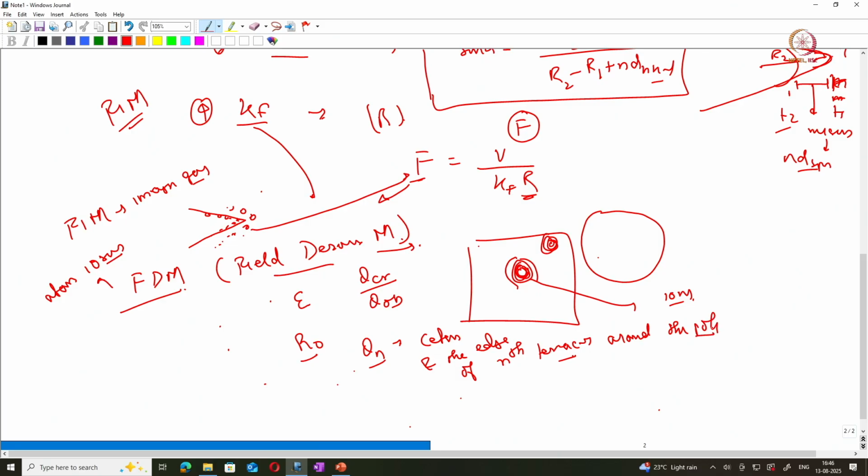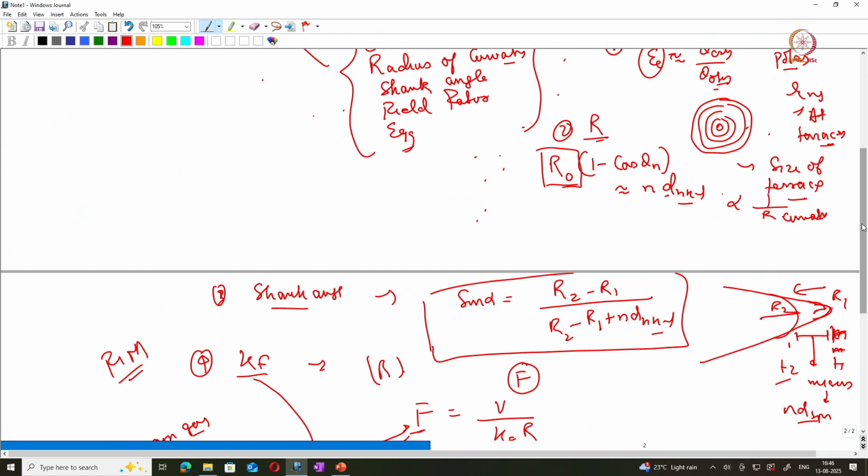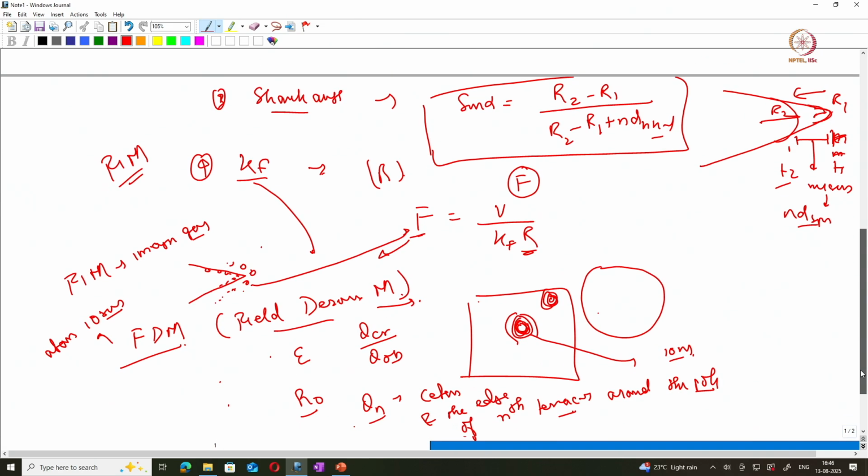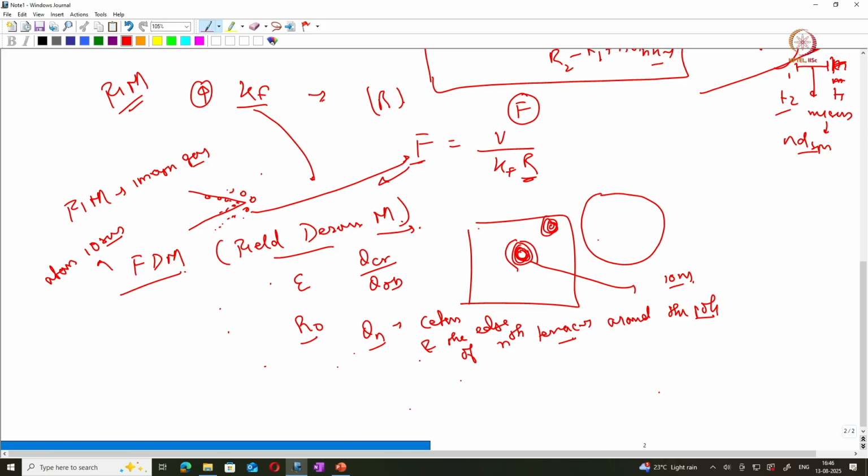So remember the previous equation, we wrote R0(1 minus cos theta n) equal to n dHKL. This theta n corresponds to the angle between the center and the edge of the nth terrace around the pole.